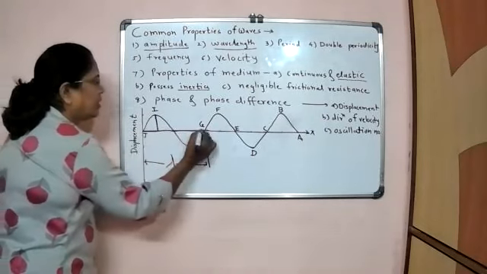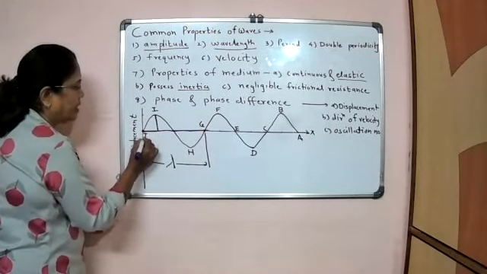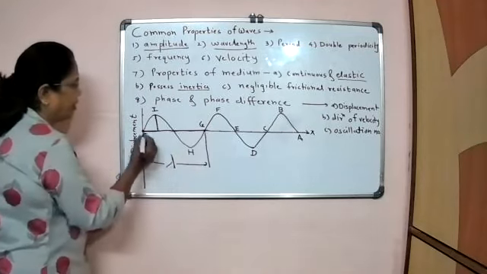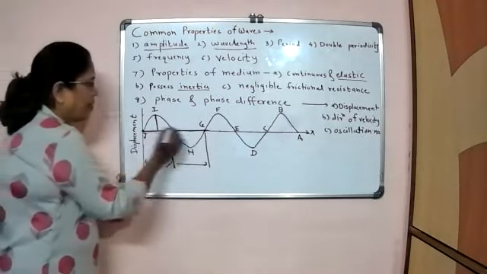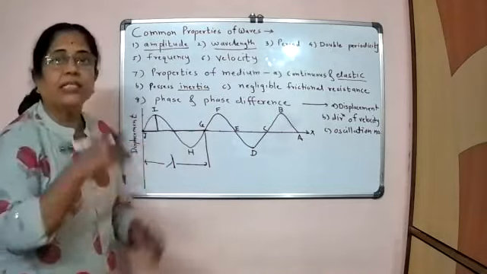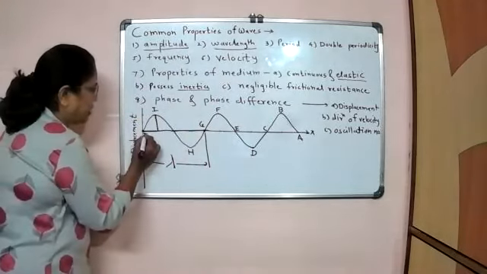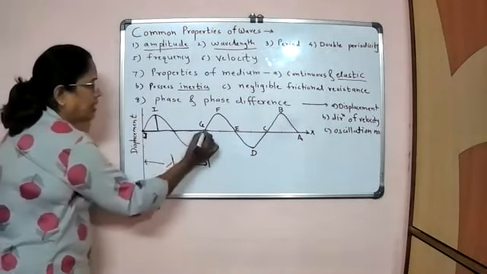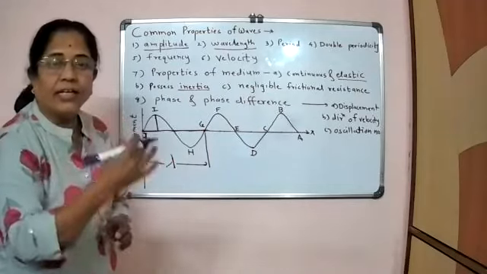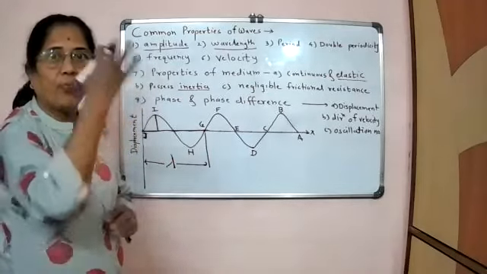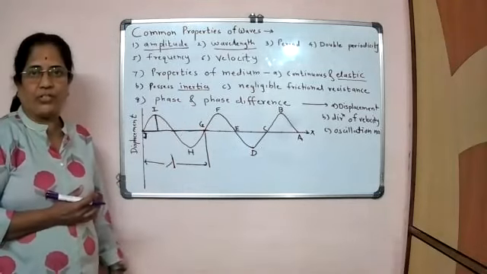This is the distance between particle J and particle G. These two particles are in the same state of oscillation.